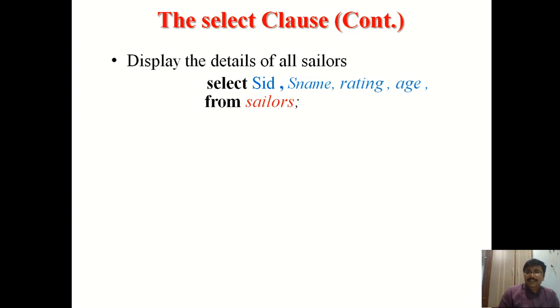Select SID, comma, S name, rating, and then age, from which table? These 4 are available in the sailors table, so we define the sailors relation here. So this query can display all the details of sailors, that means the columns we have and the rows we have. So in the select statement, the column names are separated by commas.